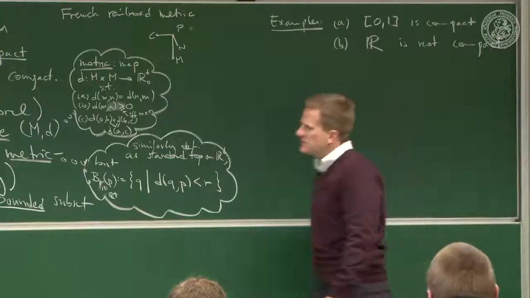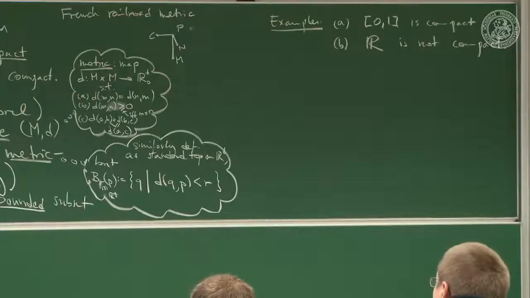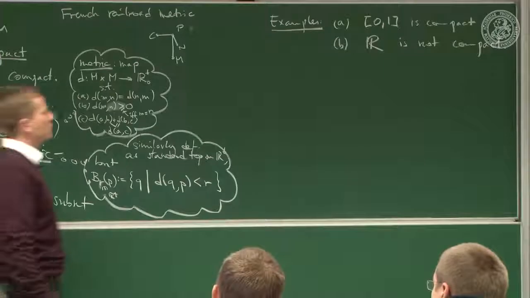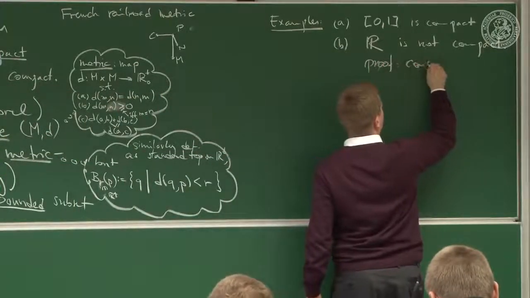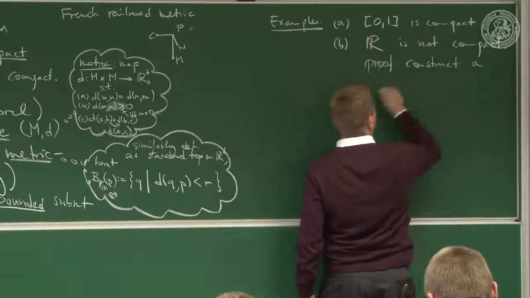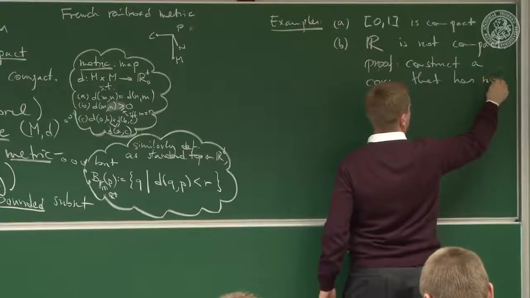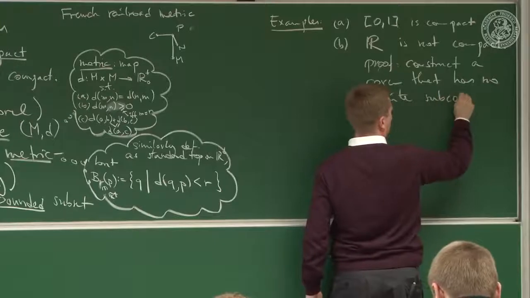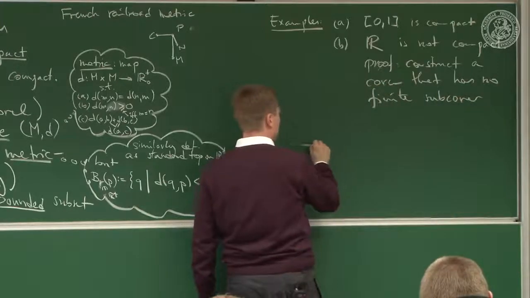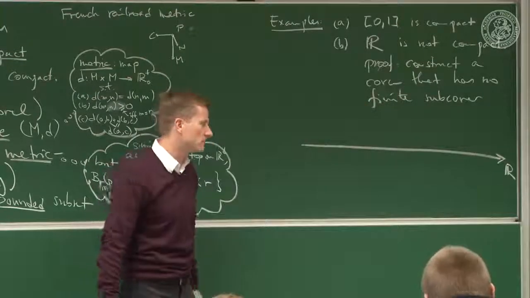Not compact is usually easy to see, because you just have to find one cover that does not have a finite subcover. Proof: construct a cover that has no finite subcover. Okay? That's the real line.